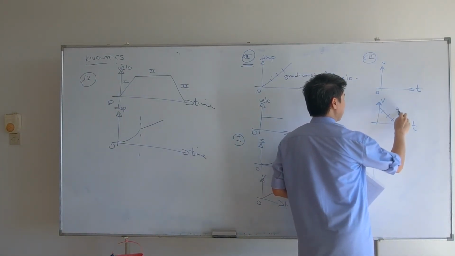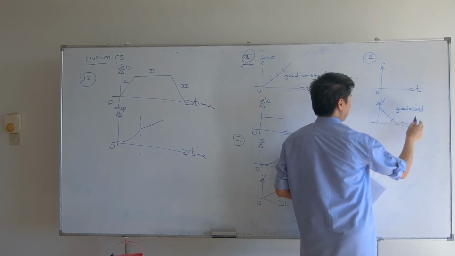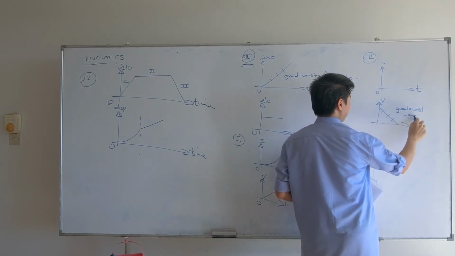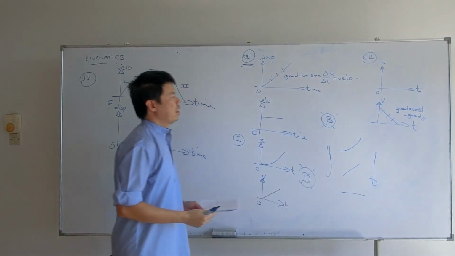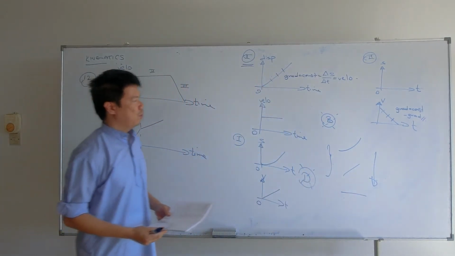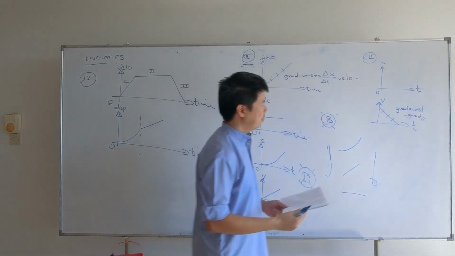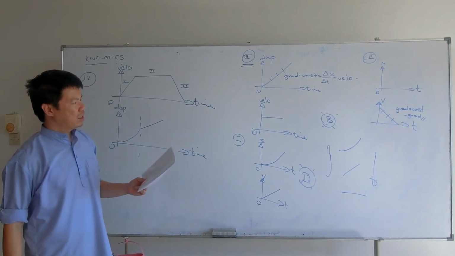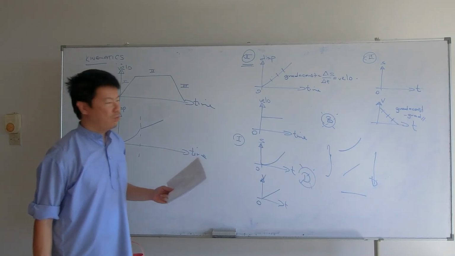Gradient is constant, but it is a negative gradient. Okay. It is a negative gradient. Means we're looking for, in terms of negative gradient, some sort of negative value.